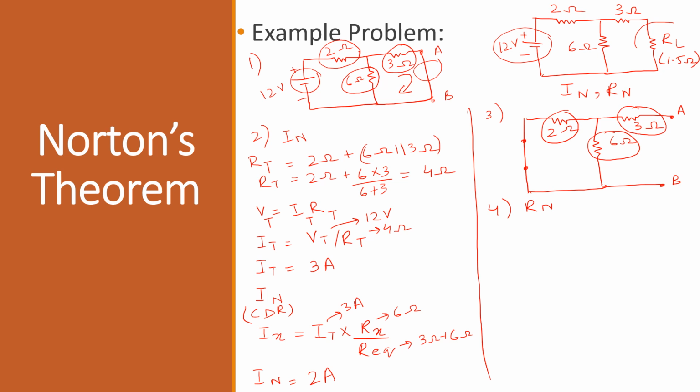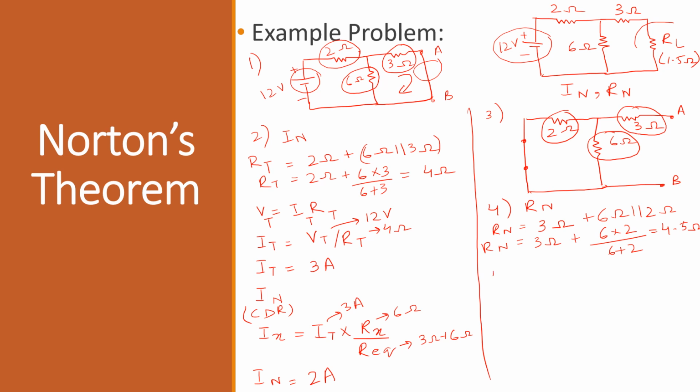So your Rn will be calculated by this equation: 3 ohms plus 6 ohms in parallel with 2 ohms. It can be rewritten as 3 ohms plus 6 multiplied by 2 divided by 6 plus 2. After solving this, you will get Rn equal to 4.5 ohms.